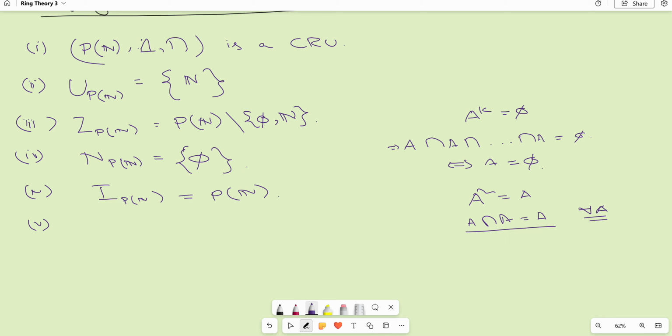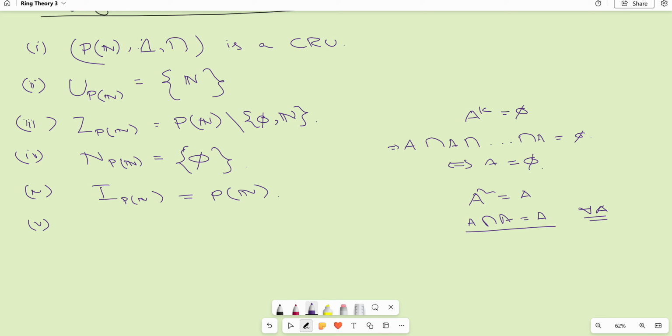So every non-zero element should be a unit, right? What is the unit of the power set of natural numbers? The unit is the singleton N, right?